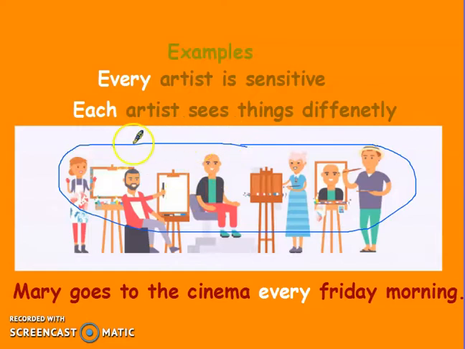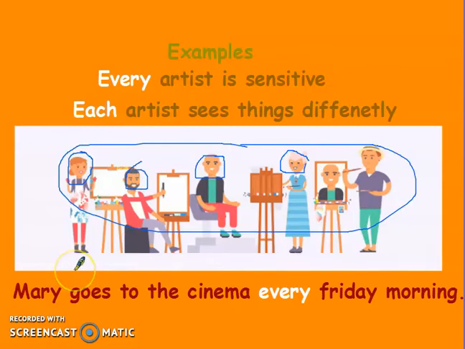We talked about them as a group. When we talk about each, each artist sees things differently, I talk about the members of the group individually بشكل فردي. So, this is the difference between each and every.